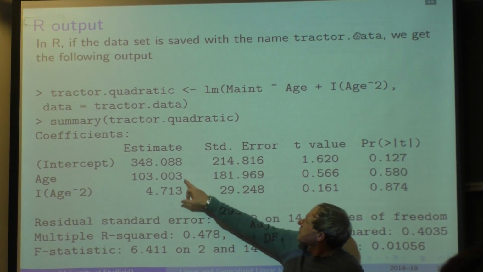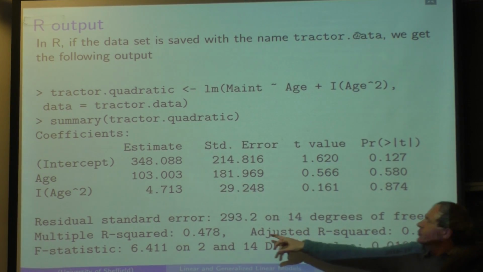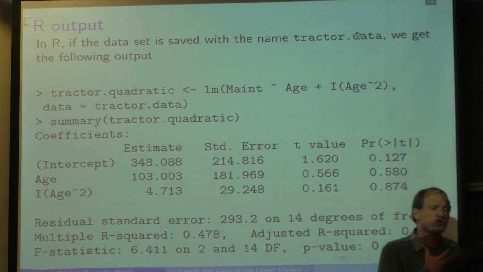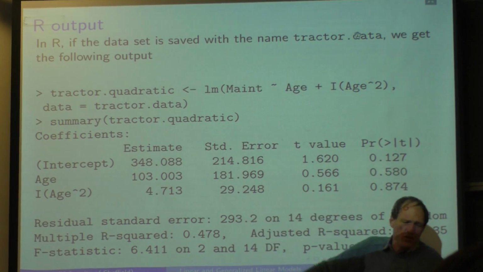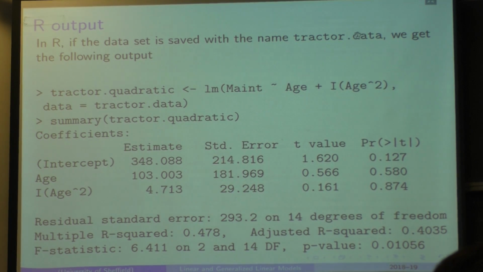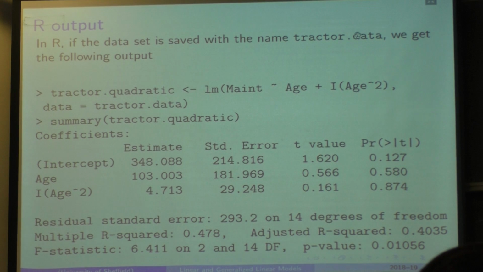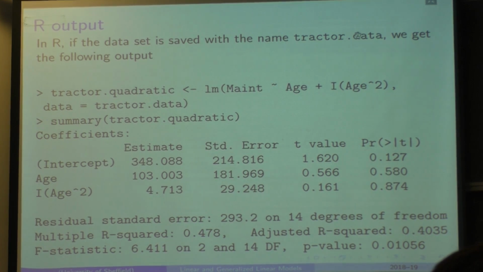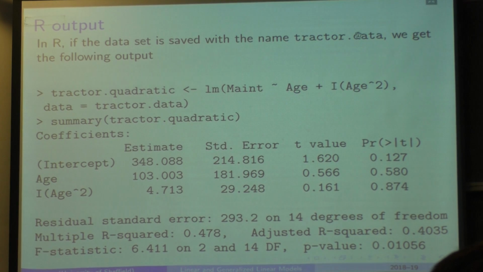So this is the estimate of the intercept, this is the estimate of the coefficient of age, and this is the estimate of the coefficient of age squared. And these are the standard errors of those estimates. So those are related to those g_ii terms that we saw in the calculations that we've just done. So that's why these are going to be useful to work out confidence intervals.